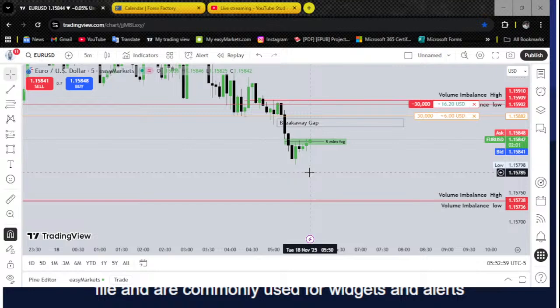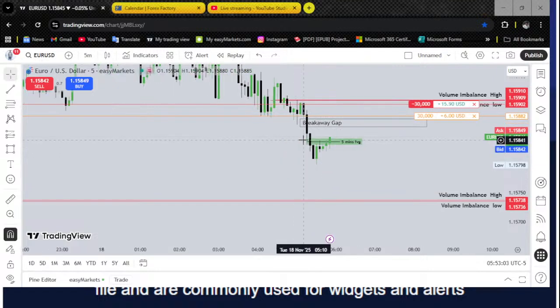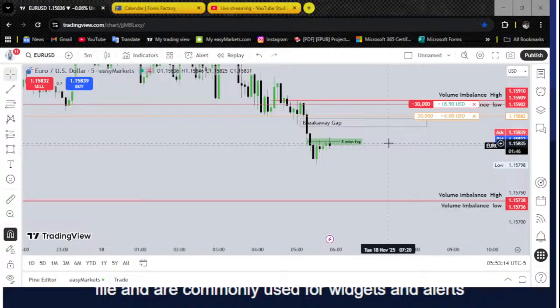Guys, so you can see here the market has decided to go back up. By that alone, I'm waiting for this candle to close to see whether it closes above. The moment it closes above this cost encroachment, I'm out.